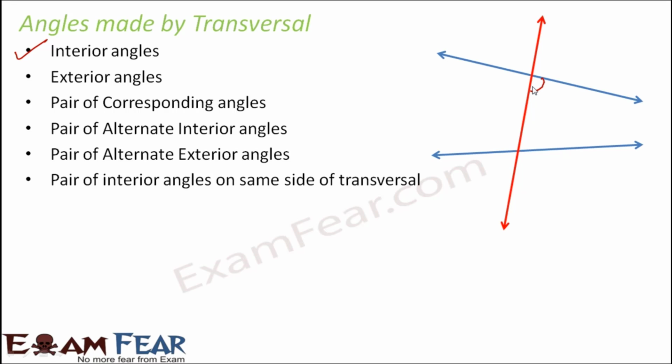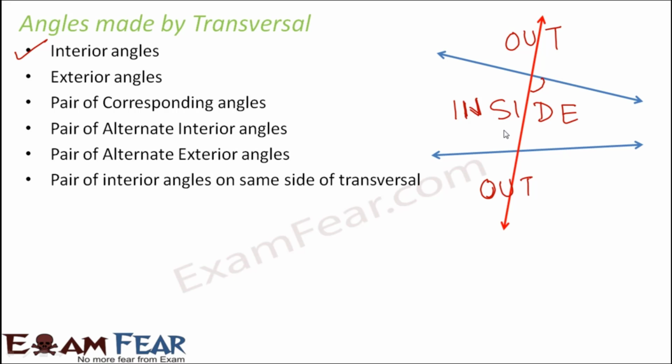Now the angles which are formed on the inside of the 2 lines. So here, inside would mean this region. Right? So this part would be inside and this part would be outside. So this would be inside and these would be outside. Similarly, these would be outside. So inside the lines means the area which is included within the lines, and anything outside that would be outside.